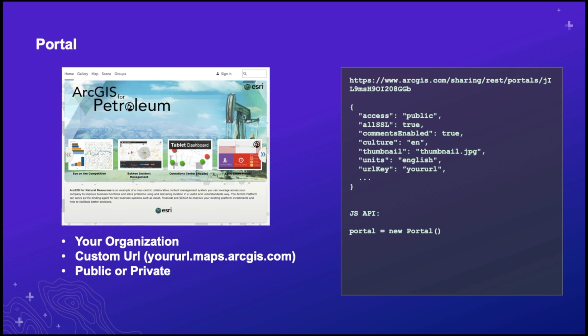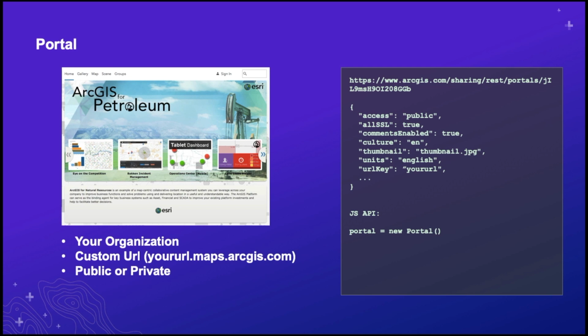The portal itself also has a REST backend concept. I have an example here on the right where this is the URL that you would call to look up your particular portal. Every portal has an ID. So if you have access to this particular portal, you'll be able to get back all its properties via this REST call.